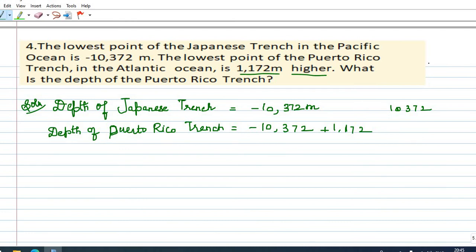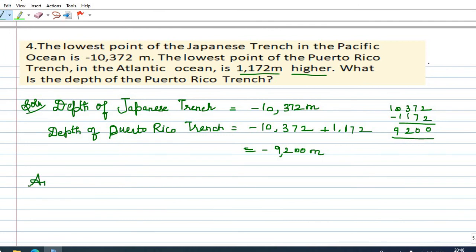Okay. So what happens when I subtract this? See. 2 minus 2 is 0, 7 minus 7 is 0, 3 minus 1 is 2, 10 minus 1 is what? 9. And see which is having more here, negative is having more. So put the negative symbol and write that answer, 9200 meter.